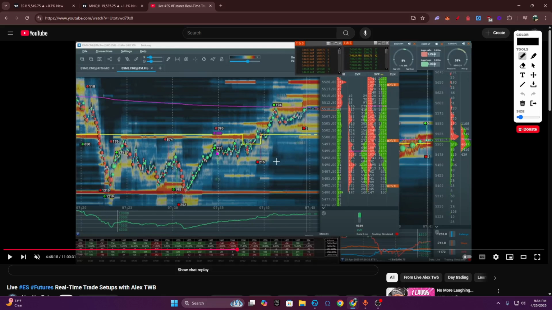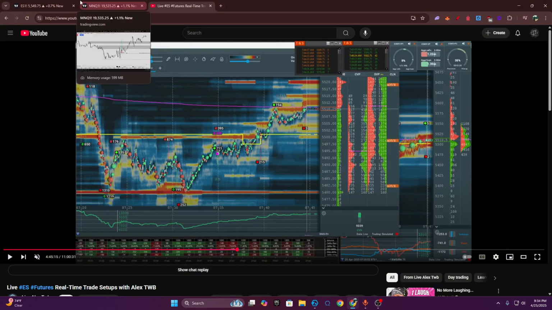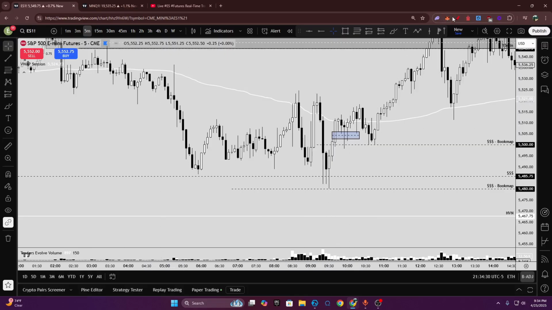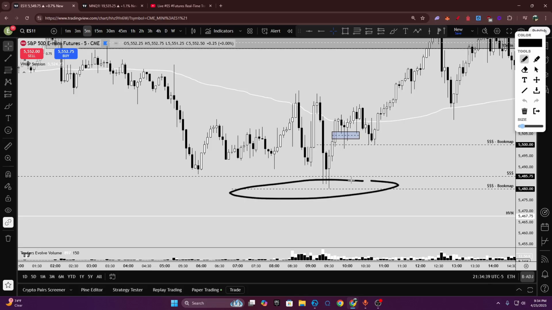Additionally, we should not have entered this trade because from these lows down here, a good trade would have actually been, in hindsight, right? I'm giving you guys an example of a good trade setup in hindsight. It would have been to enter longs after a sweep of this liquidity, right? Because what did we see? We saw that we had Bookmap liquidity down here, and we had chart liquidity.